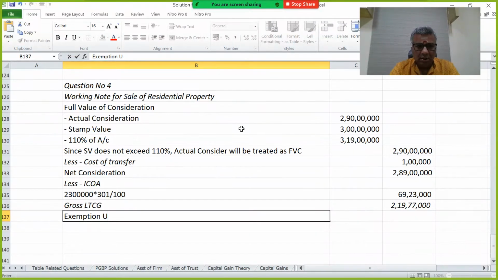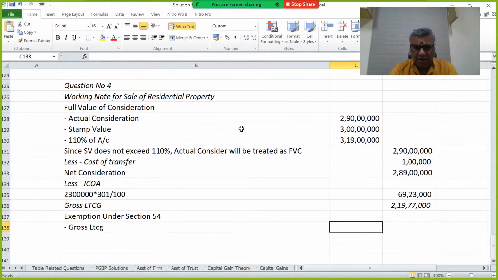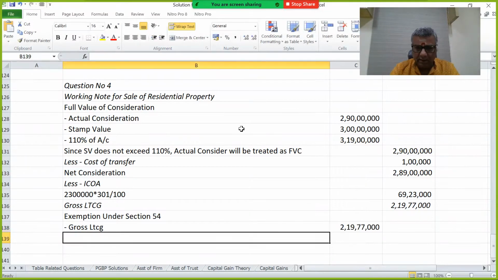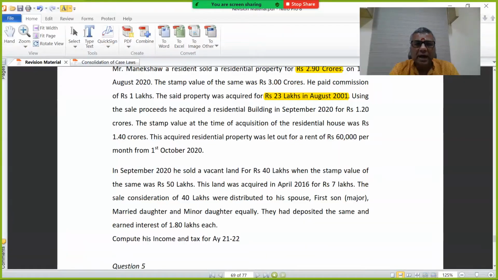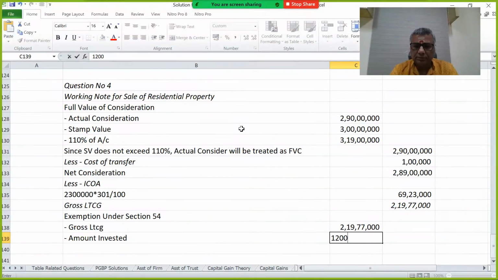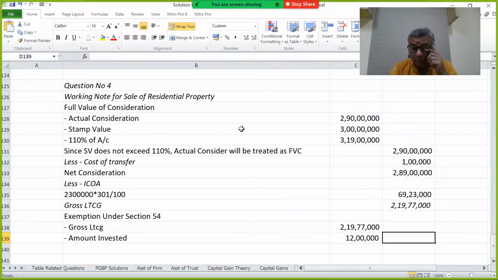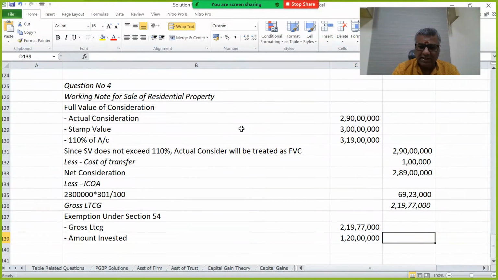Exemption under section 54. Gross LTCG, that is 2 crore 19 lakhs, or amount invested 1 crore 20 lakhs, whichever is less, so 1 crore 20 lakhs.